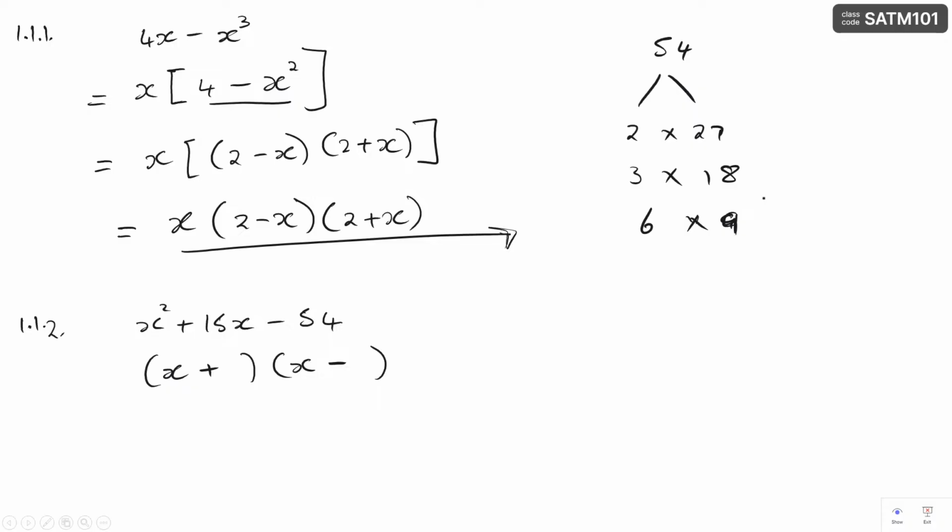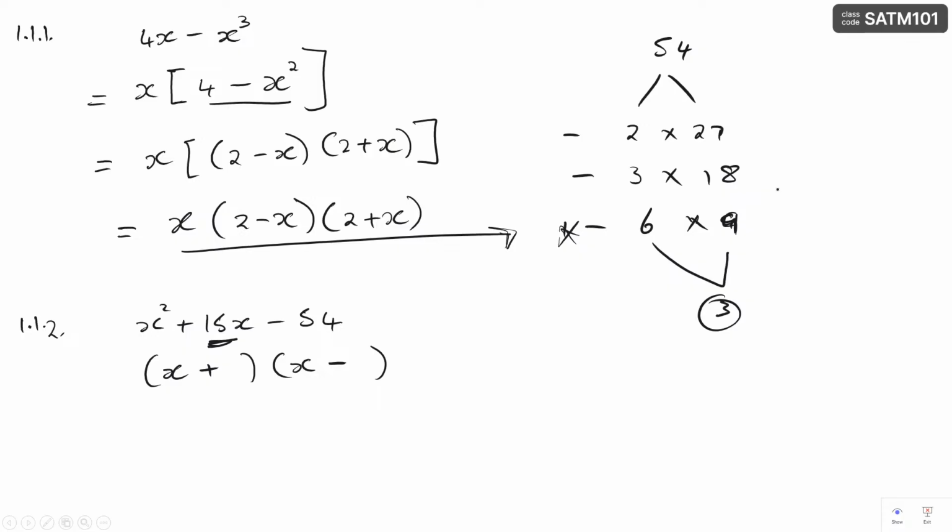So from the factors that you have, we need to check. Since here we have 15, we are looking for a pair whose difference gives us positive 15. If we subtract this pair, they are not giving us 15, they are giving us 3. So this one is out.